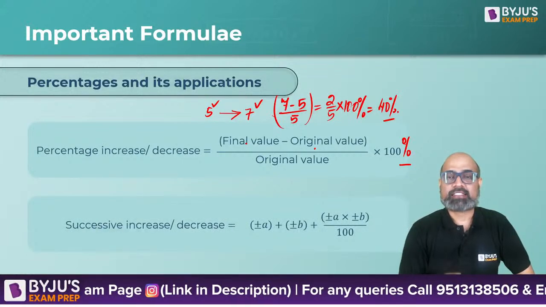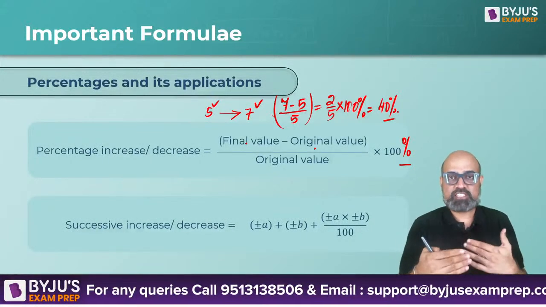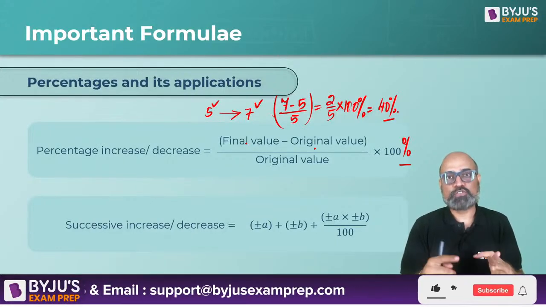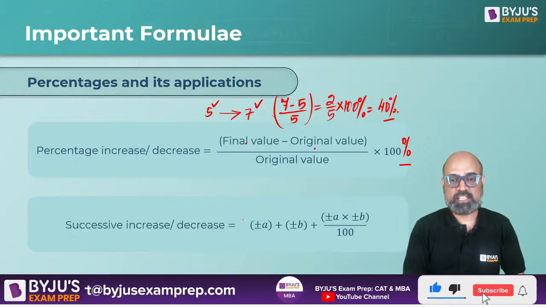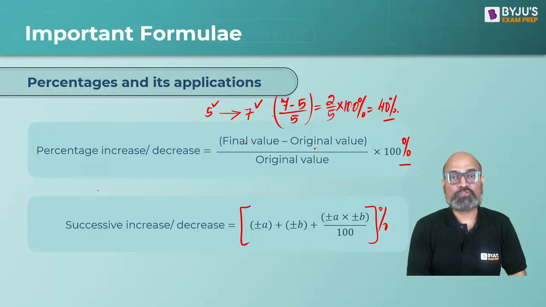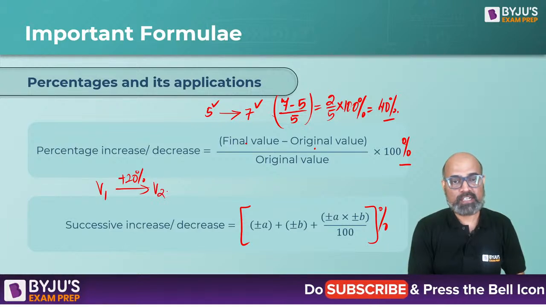The next is successive percentage change. Whenever percentage changes happen one after another, we can use this shortcut to figure out the overall change. Suppose there is a value that increases by 20%, which results in a second value.